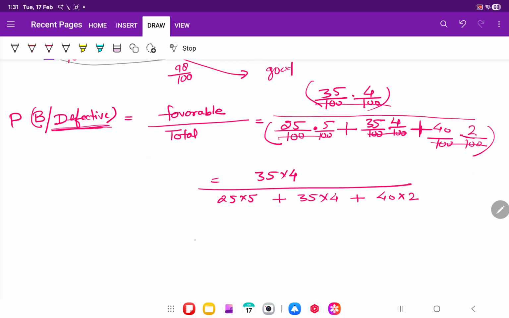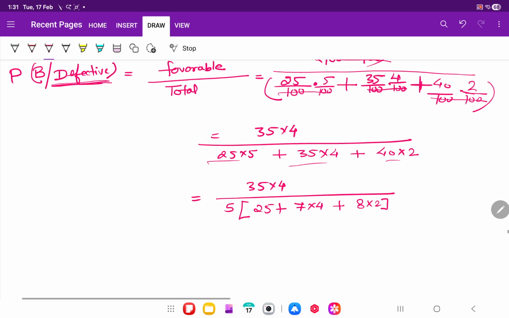So if you simplify it, if you solve it, let me cut it by 5 each. Let me write down into 4. Can I take 5 common here? Correct. This is 25 plus 7 into 4 plus 8 into 2. Correct. I have taken just 5 common here.